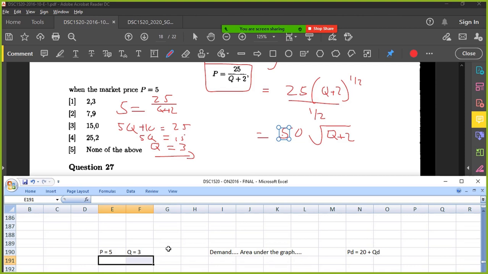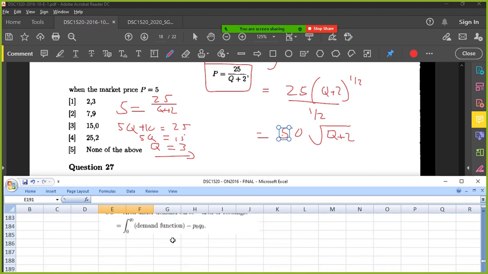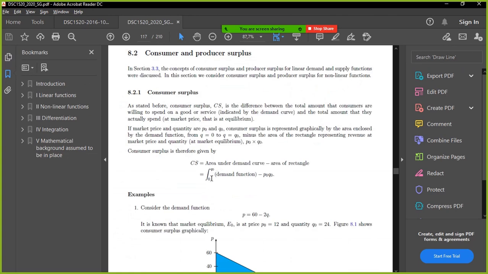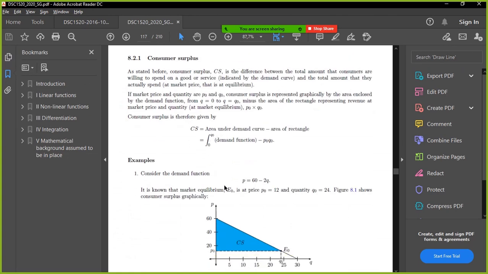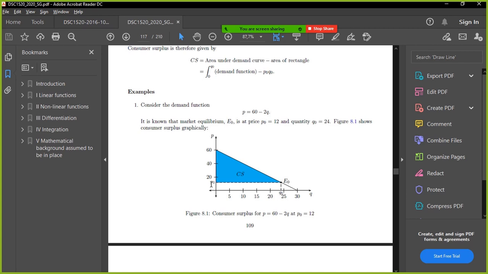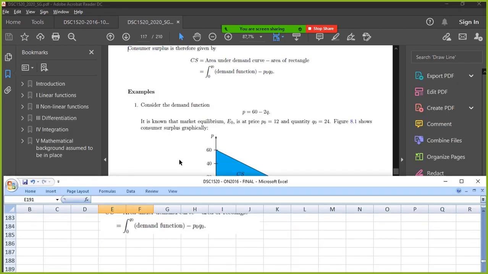Okay, so now I've got Q equals 3. I can plug it into that formula. So I've got the integration. Obviously, the integration would be from, let me just double check. It's from 0 to Q1. So that'll be P to Q basically. Yeah, so 0 to Q. So 0 to 3.